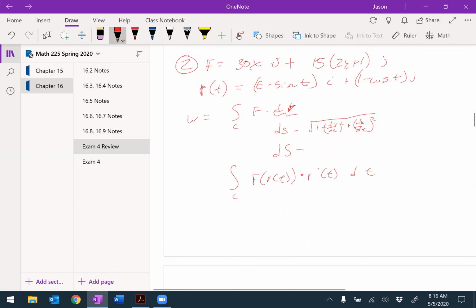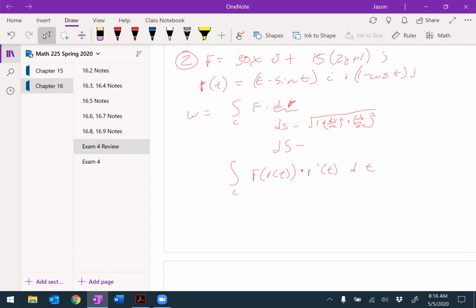So I need to know, well, what's r prime of t in this case? r prime of t is equal to 1 minus cosine t i plus sine t j.